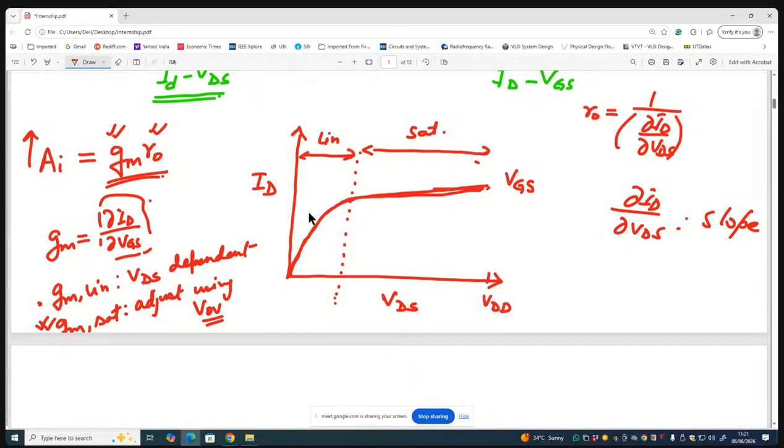Since the slope appears in the denominator, a higher slope means lower RO and a lower slope means higher RO, right? Therefore, RO in the saturation region will be much higher as compared to the linear region.